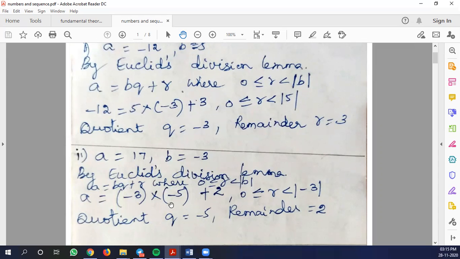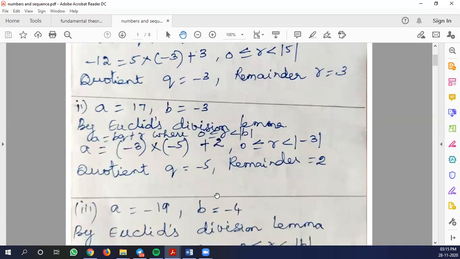Okay, so into which number do you have to put? Since a is given as 17 here, if I put minus 5, then minus into minus is plus 15, then which number do you need? Plus 2 you need, so that you will get 17 there. So here you put 17 instead of a. So what is the quotient? The quotient is minus 5 and the remainder is 2.